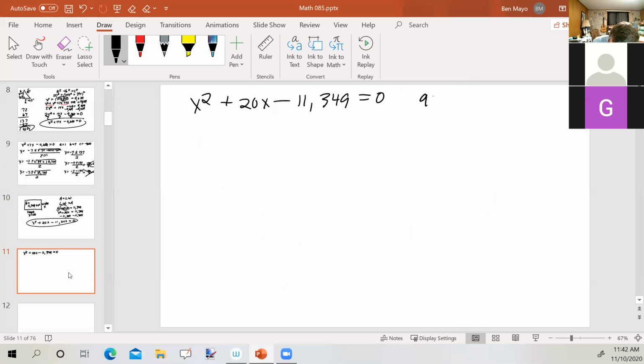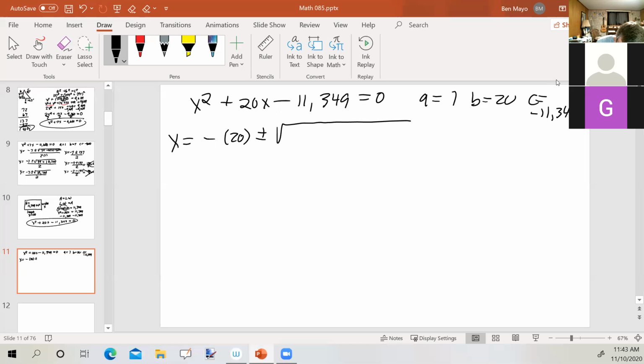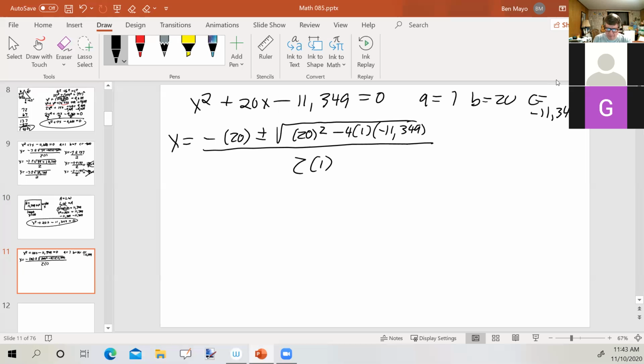Okay, so A is 1, B is 20, and C is a whopping negative 11,349. So X equals negative B plus or minus the square root of B squared minus 4AC all over 2A.